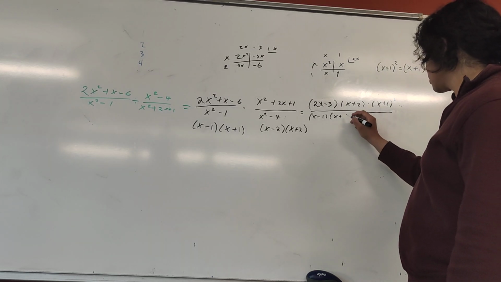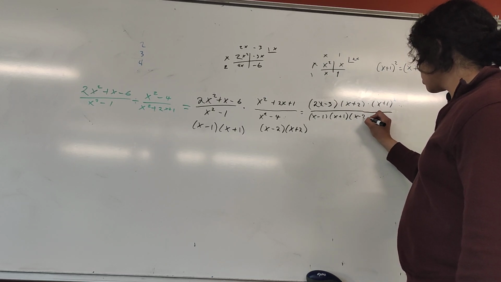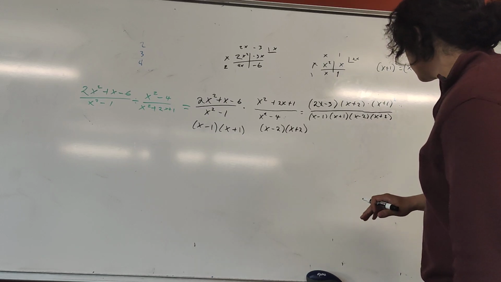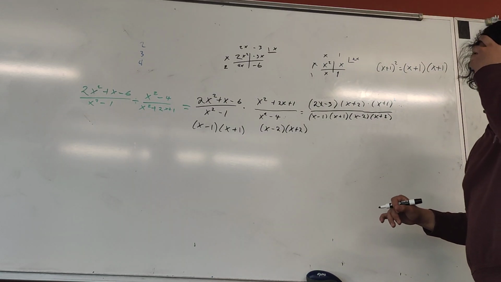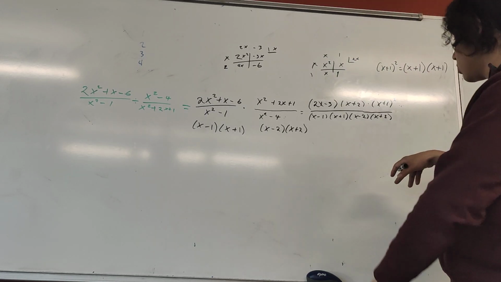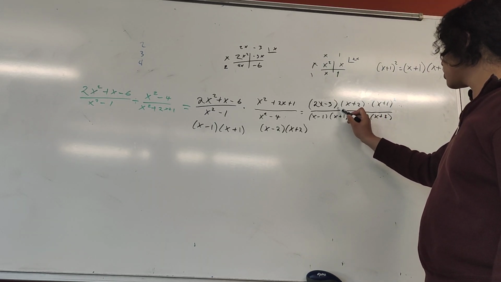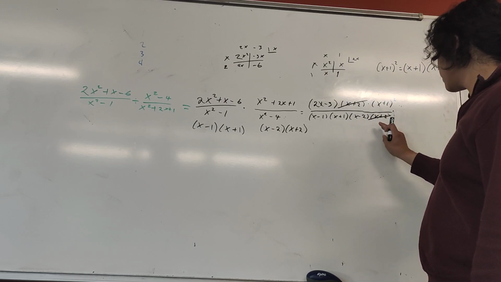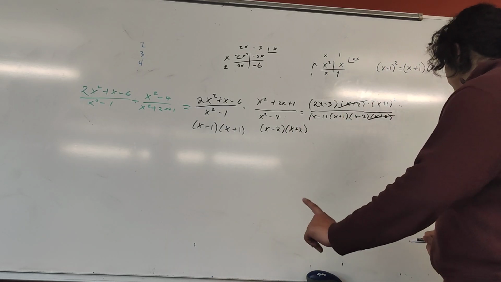Okay. And here we have 1, x minus 2, x plus 2. And we're just gonna look for parentheses that match the bottom, basically. So since here we have x plus 2, we can cross it out, and here we have x plus 2, which makes it into 1, okay? 1.